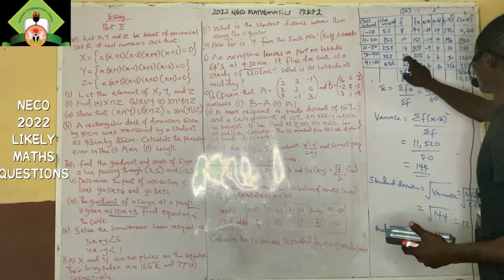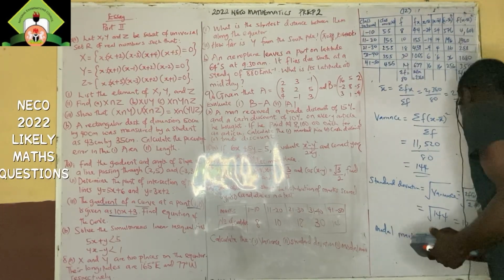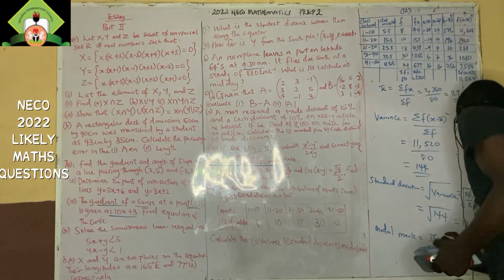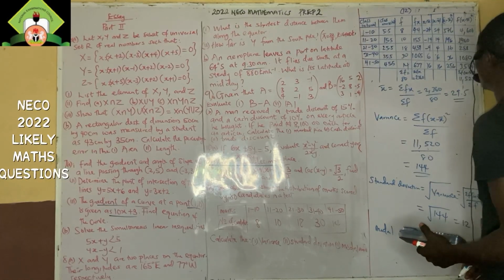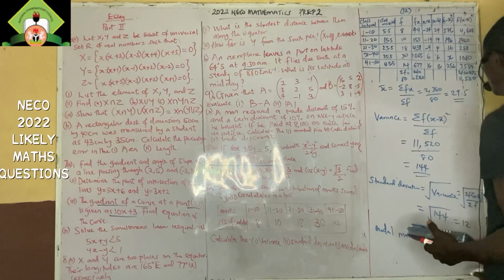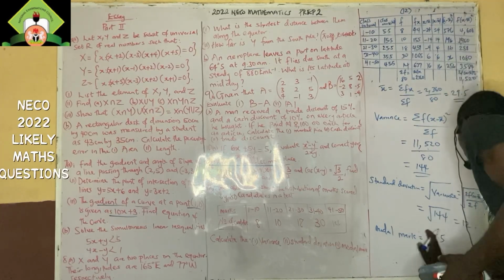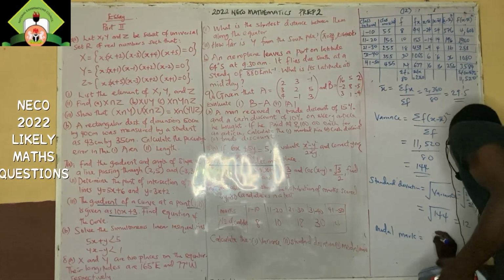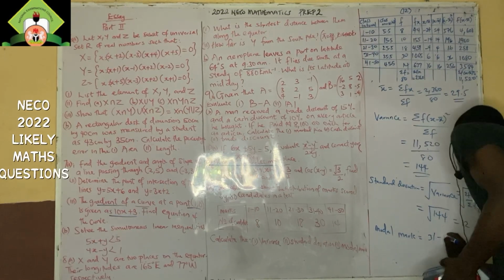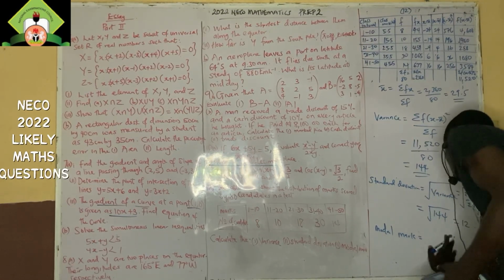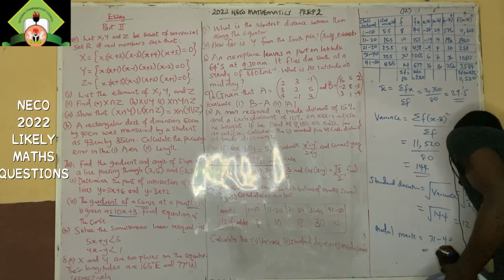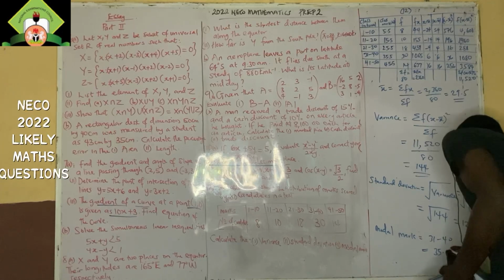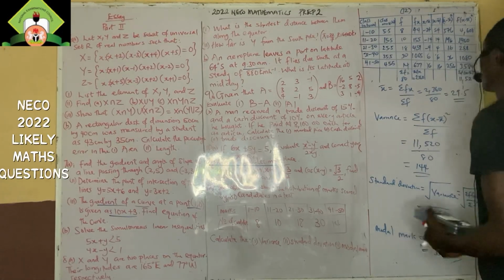This is the one with highest frequency, which has the mid mark of 35.5. So the modal class is 31 to 40, with the mid mark 35.5. So that's that about the modal class.